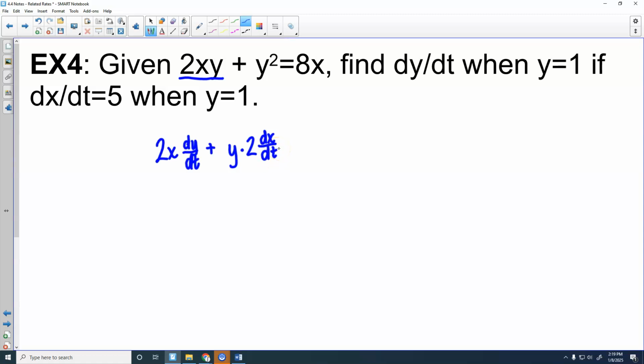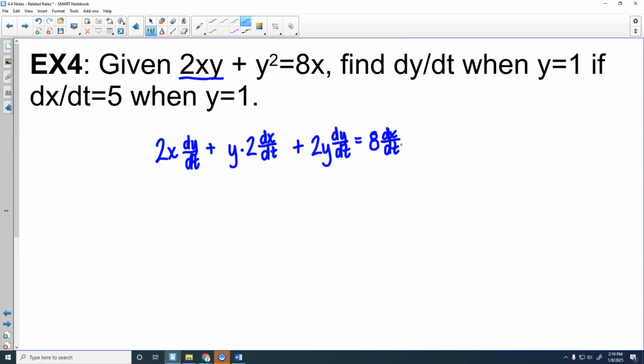So that takes care of our product rule part at the beginning. Then we also have this y squared, so that's going to be 2y dy/dt equals the derivative of 8x, which is just 8, but it has a dx/dt.